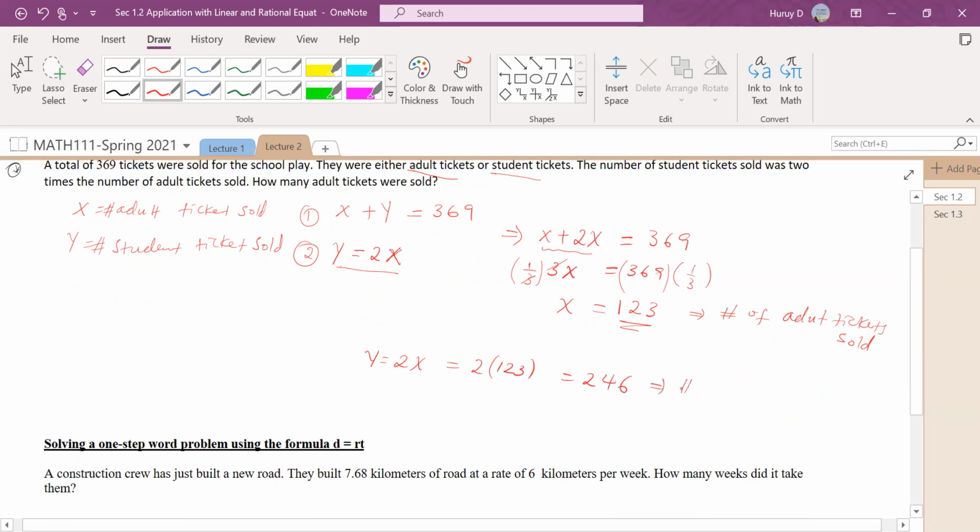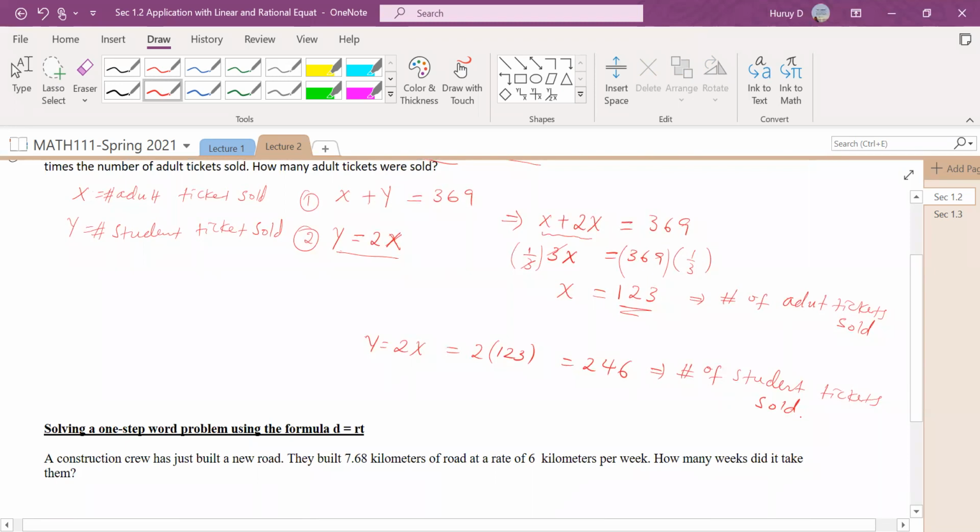And this is the number of student tickets sold. Okay. So this is how we solve a word problem in two variables. Always, once you convert the word problem into equations, then from that we just use algebra. So the main thing is understanding the problem, and then writing it into equations.